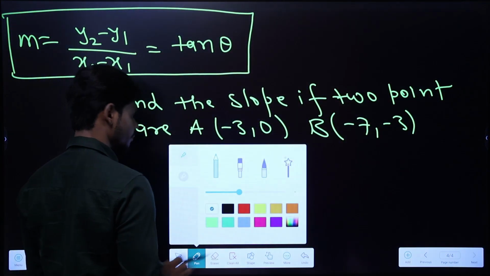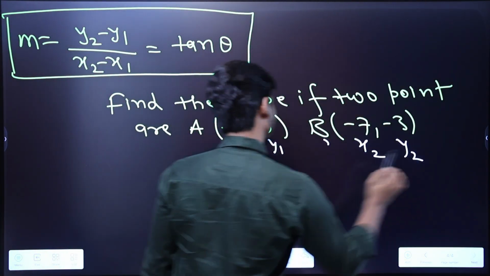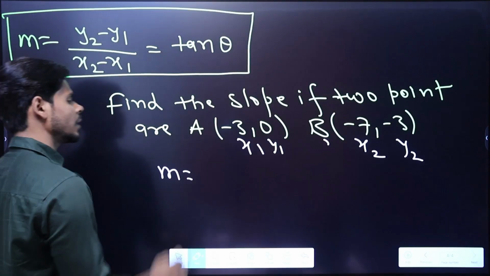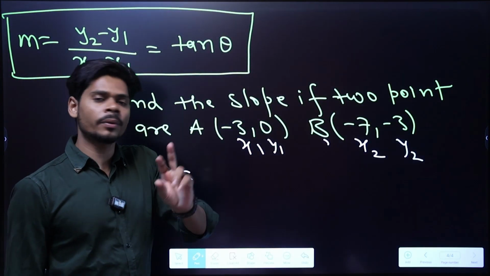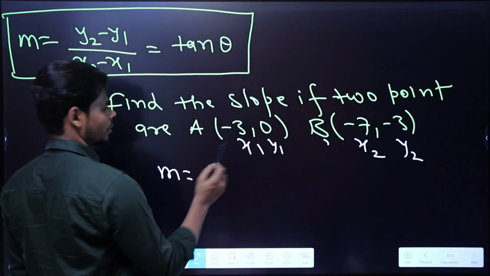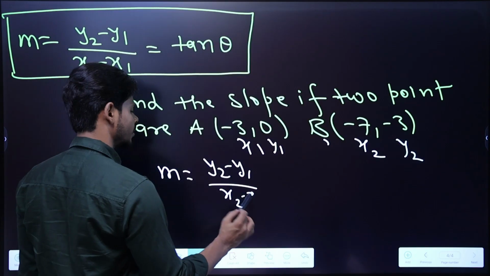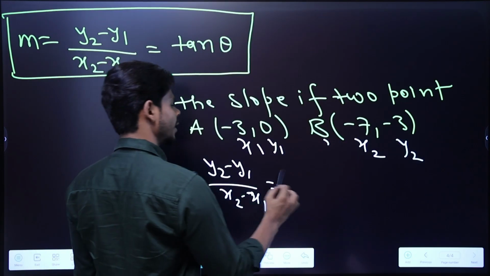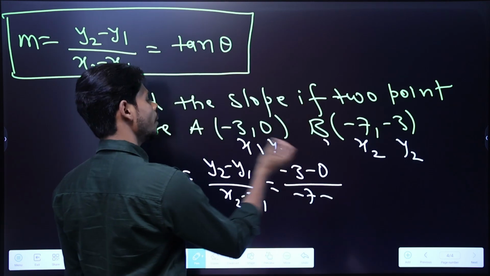So it is x1 y1, it is x2 y2. We just need to apply the formula, because we know the 2 points. So it will be y2 minus y1 divided by x2 minus x1, and that is nothing but negative 3 minus 0 divided by minus 7 minus minus 3.